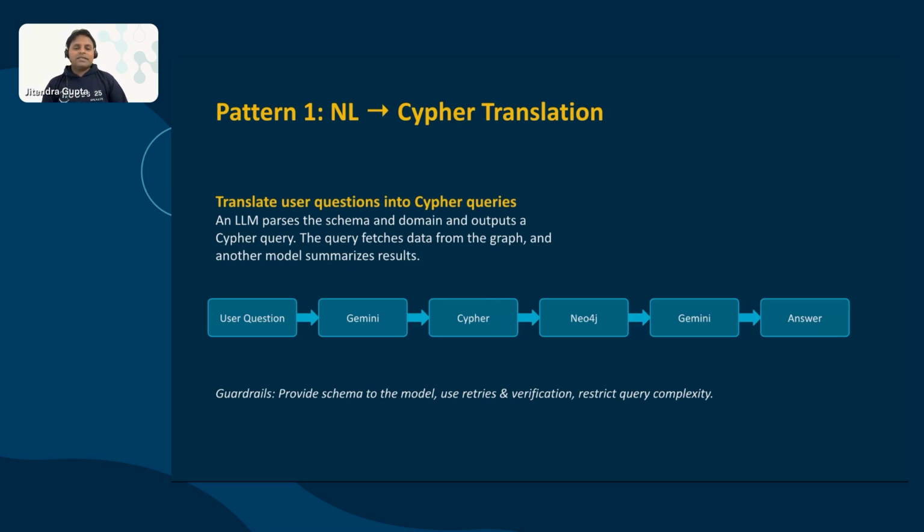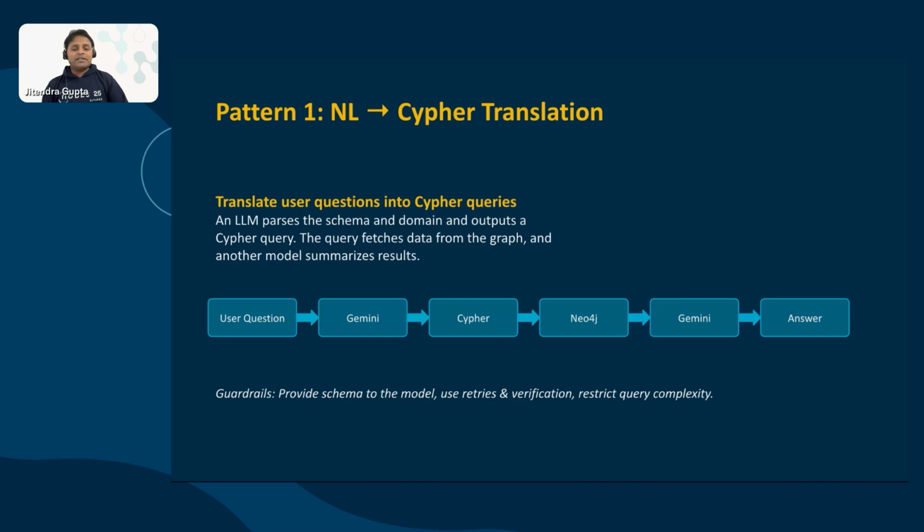Now there can be challenges around it, like if we are not able to provide the right context, if we are not providing enough information to these Gemini models, it may misinterpret or misunderstand the query, and so the Cypher queries will also be distorted. So we have to ensure that there are certain guardrails around it, like providing the schema to the model.